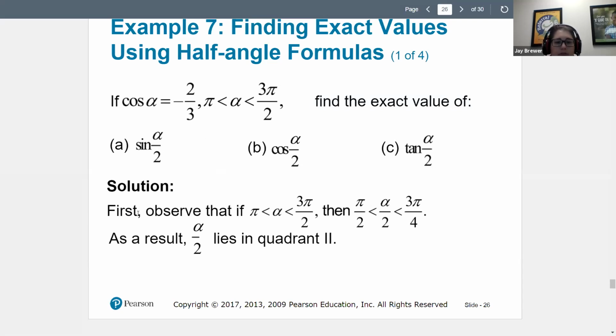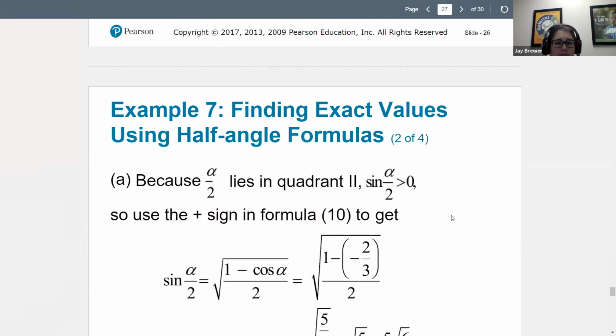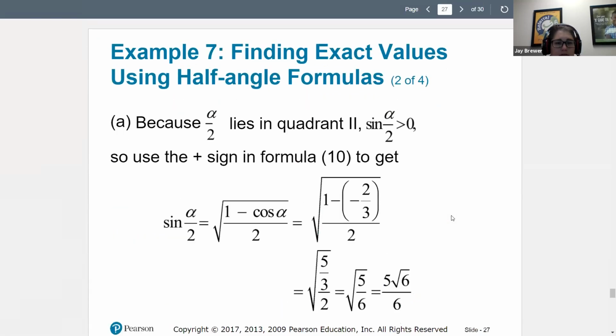So the first thing we have to do is find where alpha divided by 2 would sit. So we're looking at between pi over 2 and 3 pi over 4. That means we're looking at quadrant 2. That does tell us some things about our sines and cosines.